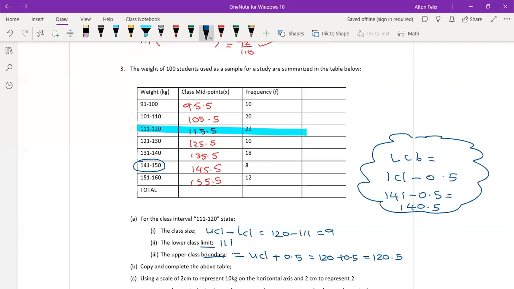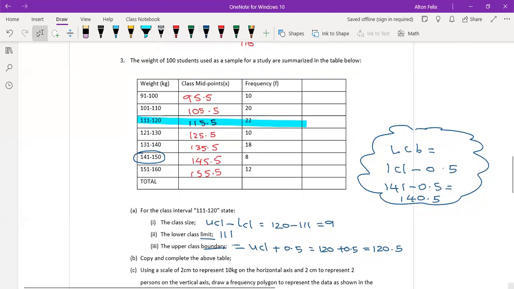So you minus 0.5 to find the lower class boundaries, and you add 0.5 to find the upper class boundaries to the corresponding limits. Okay, so that takes care of part A. So we just completed the table for part B, and we are now asked to find, let's see what part C is asking.